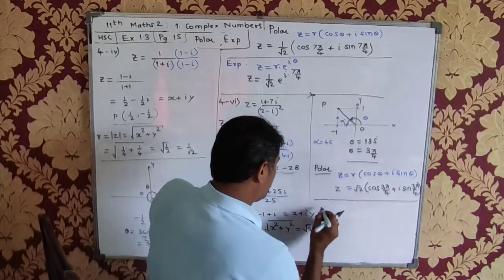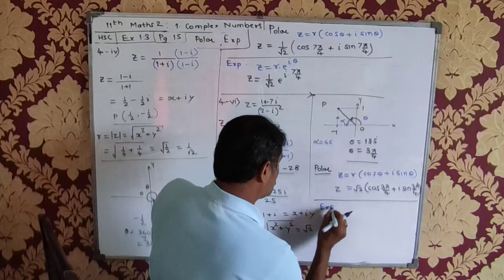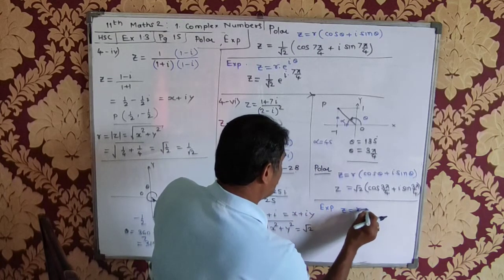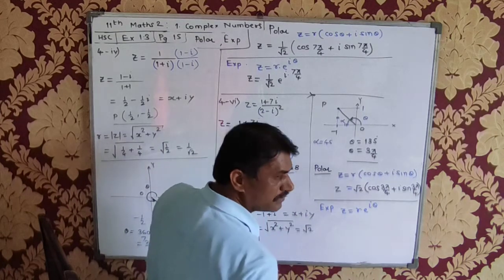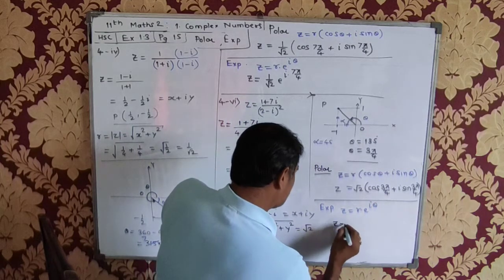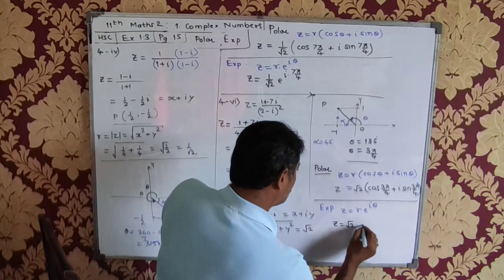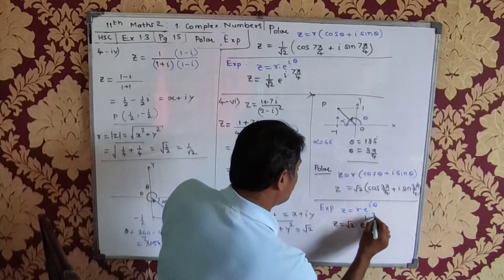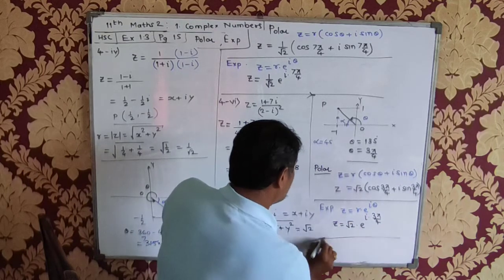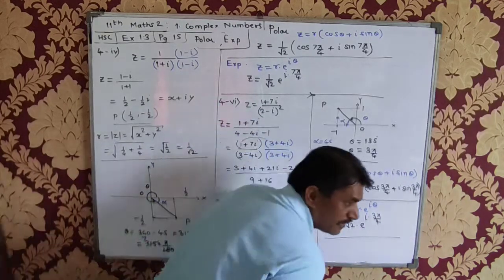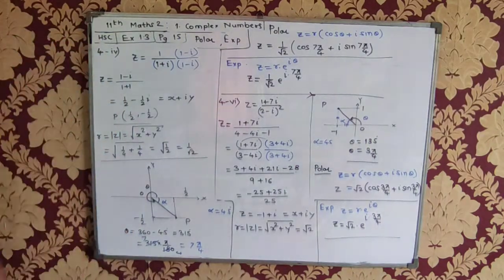And the exponential form: Z is equal to R into e raised to i theta. So Z is equal to root 2 e raised to i times 3 pi by 4. That's the answer. Is this okay? Any doubts about that? No. Okay.